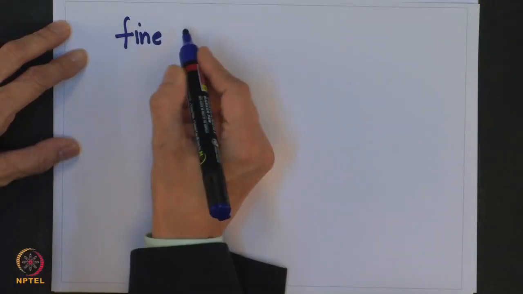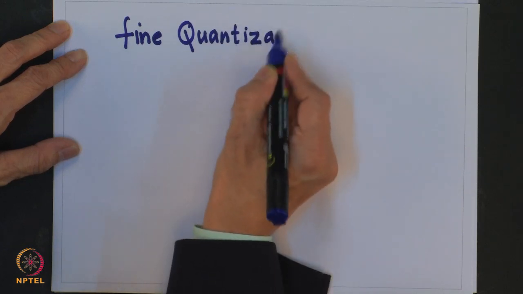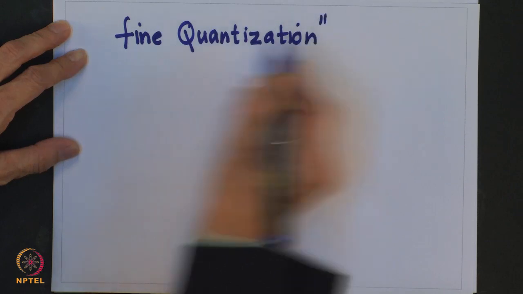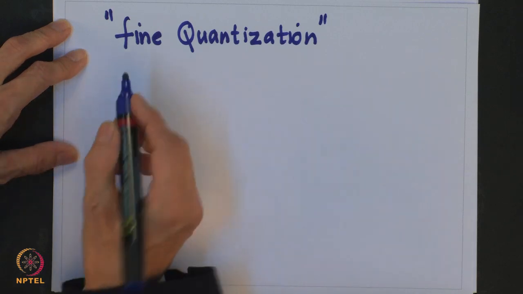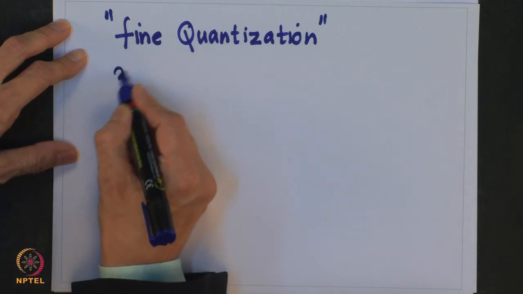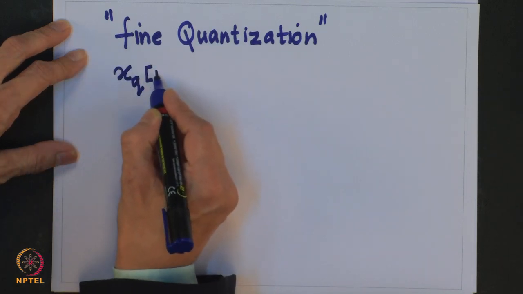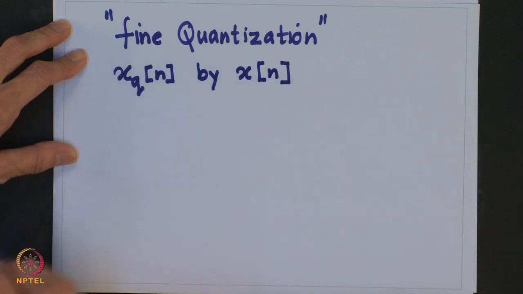So, we will try to find the solution to this problem by making an assumption, and that assumption is known as the fine quantization assumption. This assumption states that your quantizer step size is so small that we can replace the reconstructed value of the sample by the value of the sample itself.